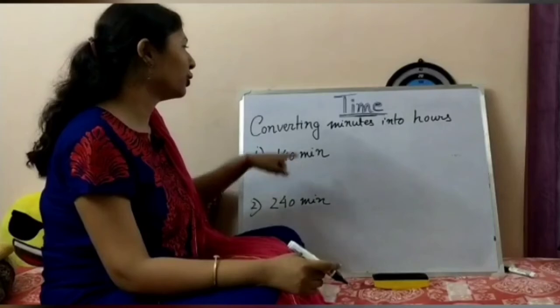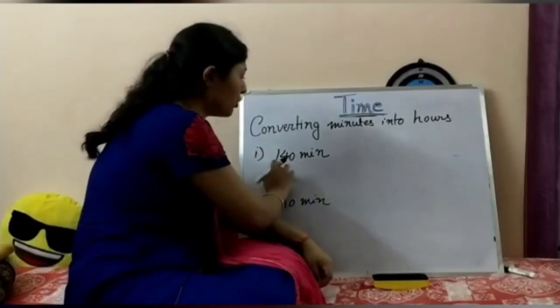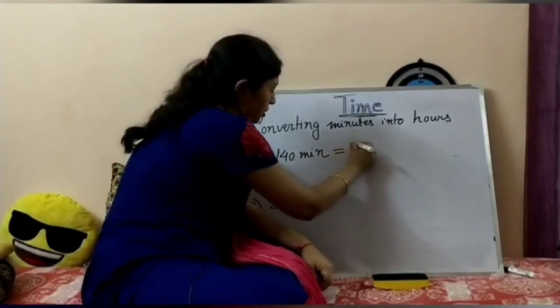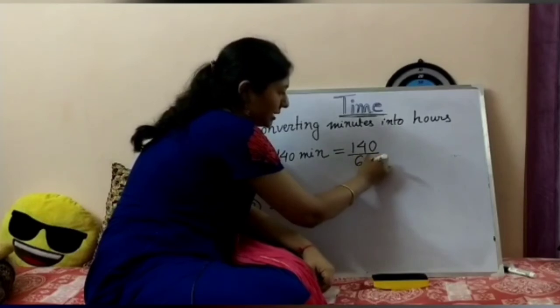Now I will show you converting minutes into hours. So 140 minutes we should divide by 60.